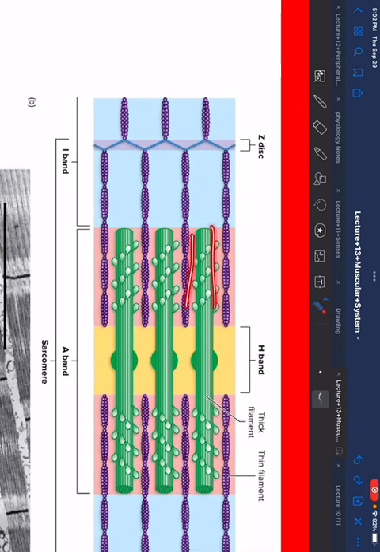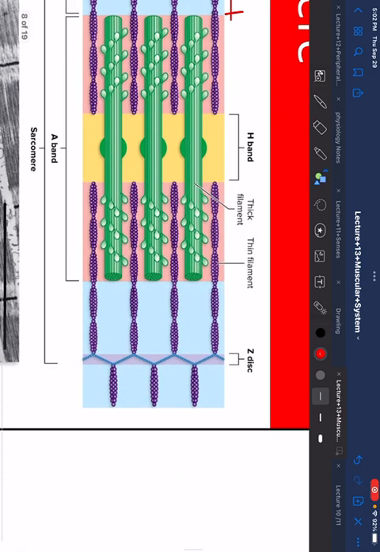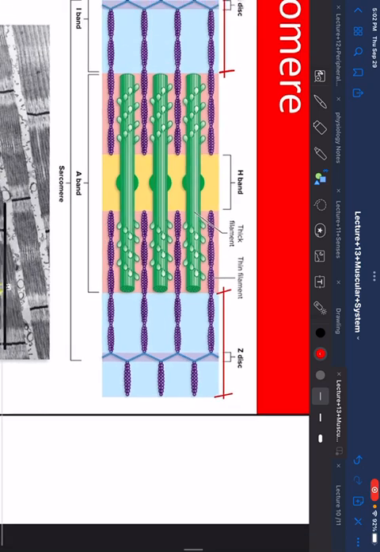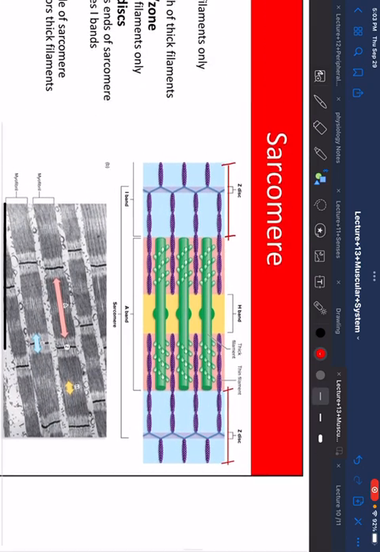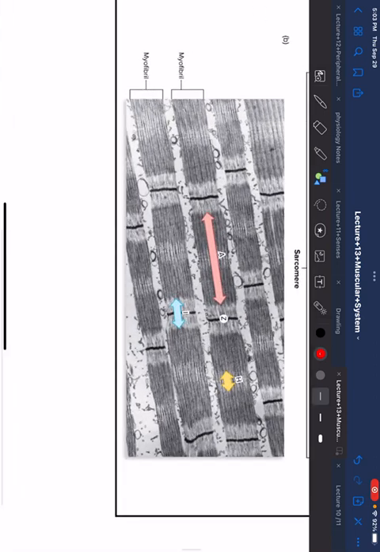If we look at this interval over here, though, we only have thin filaments crossing each other. Same with this side over here, only thin filaments. Here's an I band here. Here's another I band here. They appear lighter when you look at them underneath the light microscope because there's no thick filaments intermixed with them.